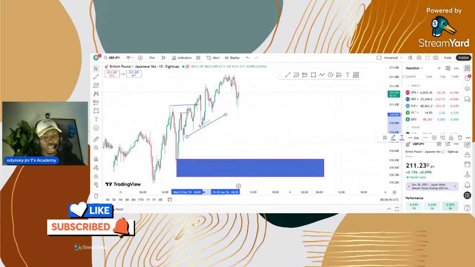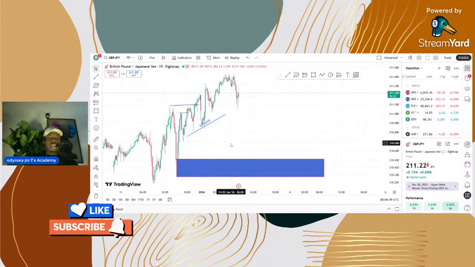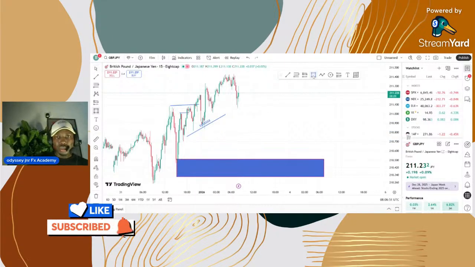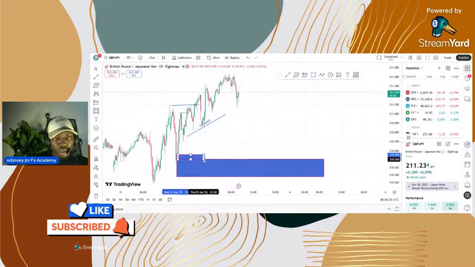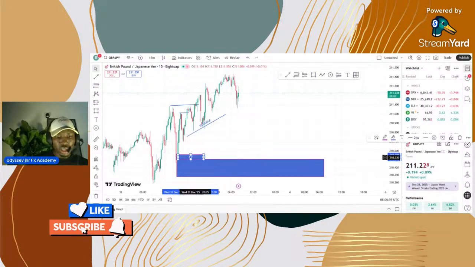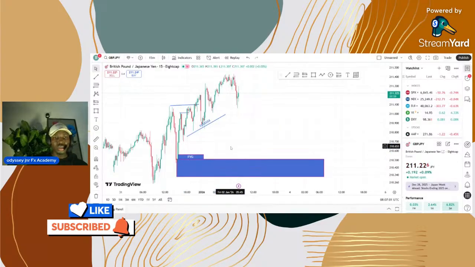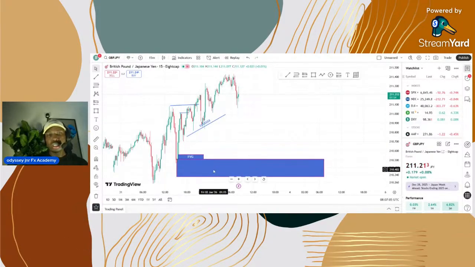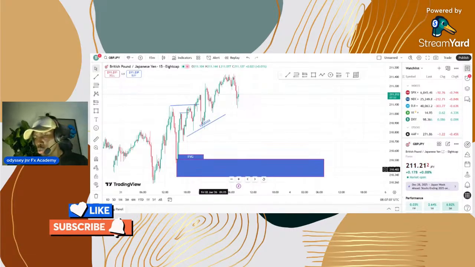Then we have our fair value gap, FVG here. So this is definitely going to be the order block we are going to be executing our trade on now.